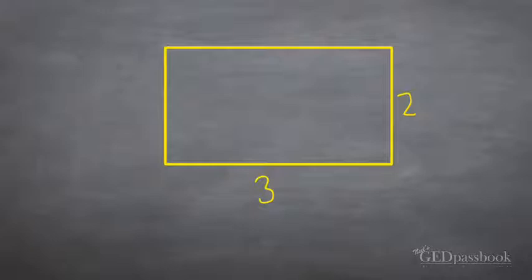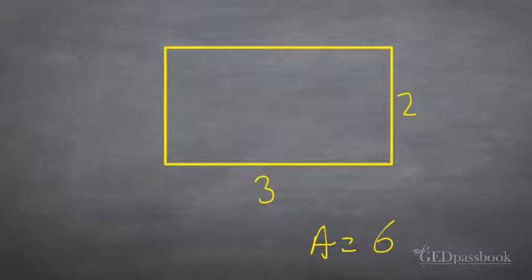Let's say they give us 3 there and 2 there. Sure, they do have an area of a rectangle formula, but the rectangle and square are the ones that we have come to learn on a daily basis. All you ever have to do to find the area of a rectangle or a square is to multiply 2 sides. So in this case, they gave us a 3 and 2. All you have to do is multiply them. What's 3 times 2? 6. And that's the area of this rectangle.